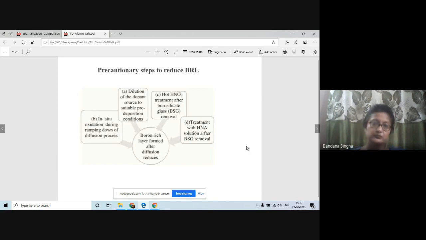These are some steps which are essential to be considered when we use cost-effective boron dopant sources, especially the boron spin-on dopant sources that are commercially available, and also for the boron nitride source.